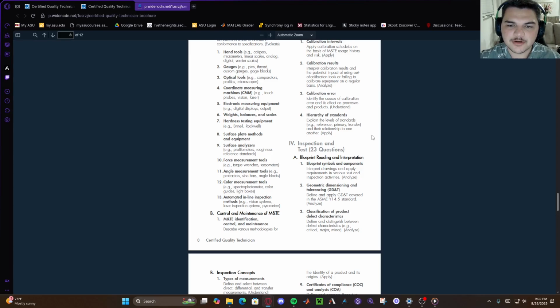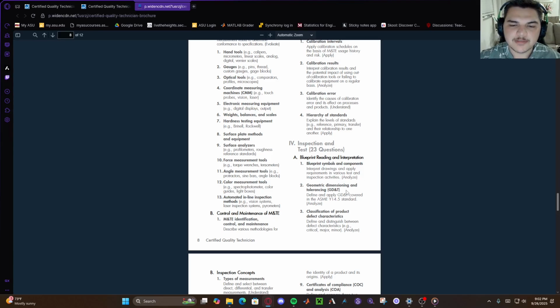Inspection and tests. Because I'm an inspector and I work with it every single day, I did not find this difficult at all. For those that have not had that kind of work experience, understanding GD&T is probably going to be the biggest part of this, because understanding blueprints is relatively easy, especially for somebody that is fairly good at imagining things visually.